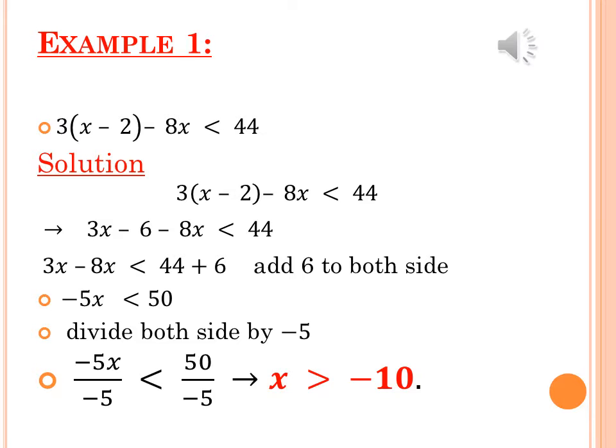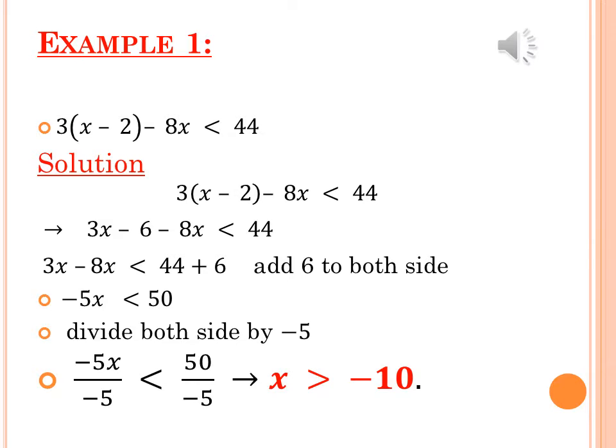Solution. To solve this, first thing, open the brackets. The brackets here are 3 times x minus 2, so 3x minus 6 minus 8x less than 44.